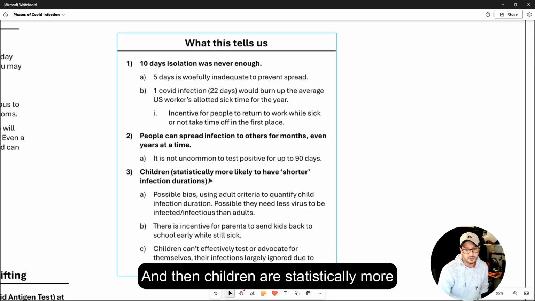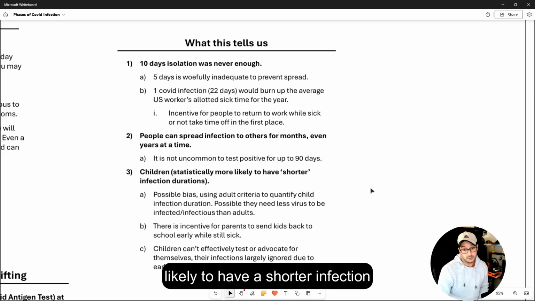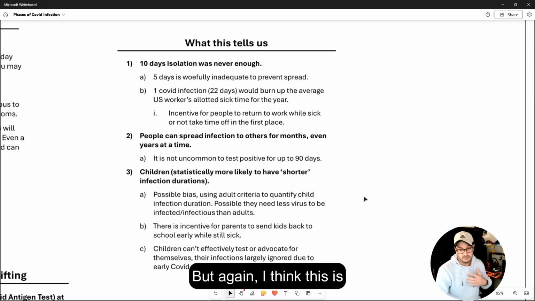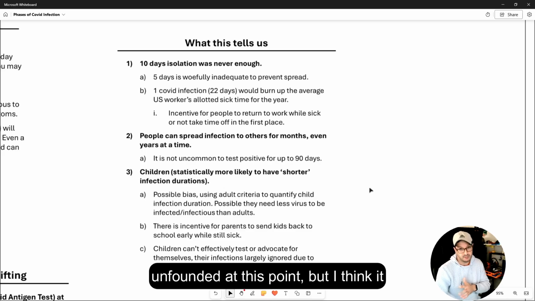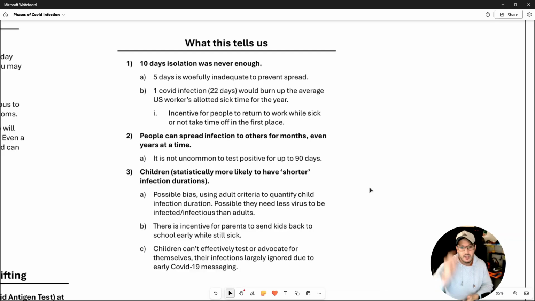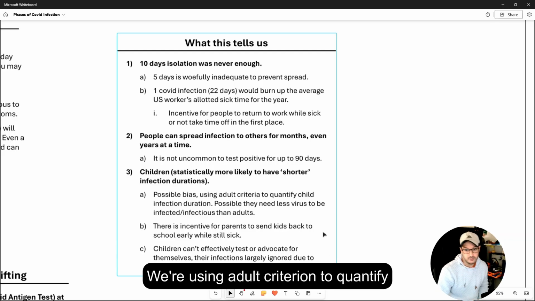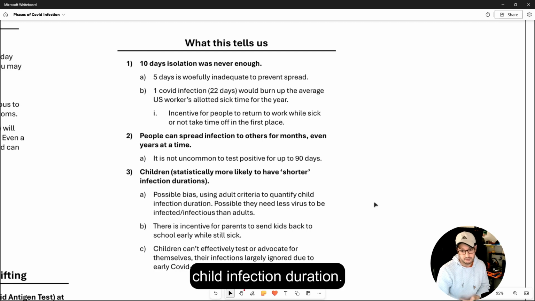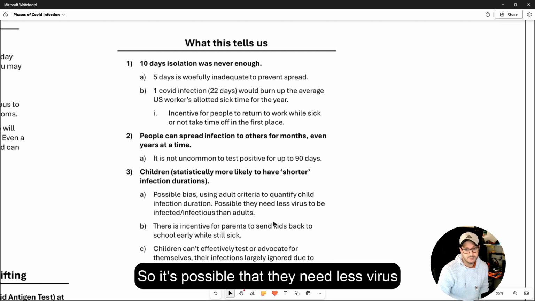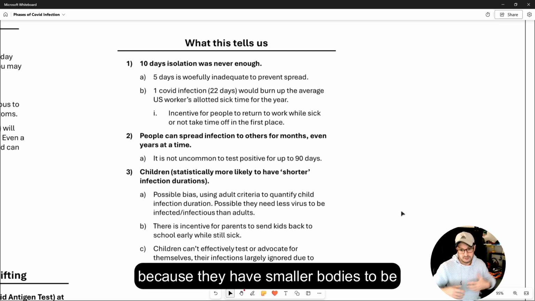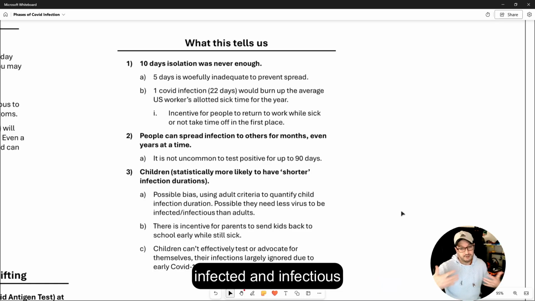And then children are statistically more likely to have a shorter infection duration. But again, I think this is unfounded at this point, but I think I'm going to eventually be proven right in this, that I think this is probable bias. We're using adult criteria to quantify child infection duration. So it's possible that they need less virus because they have smaller bodies to be infected and infectious to others than adults do.